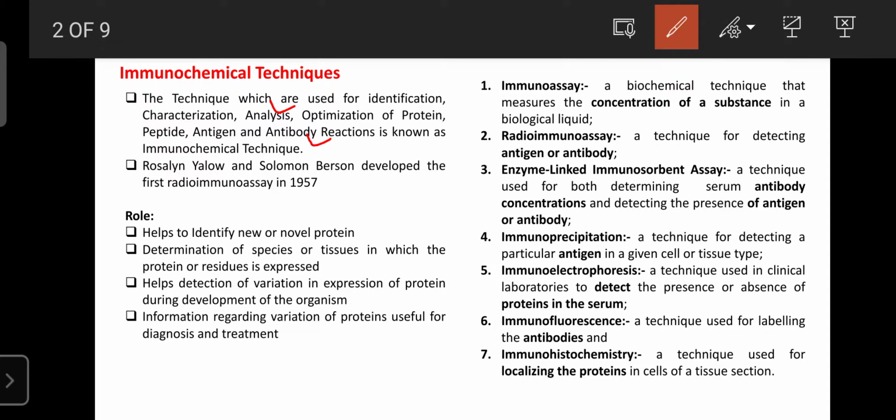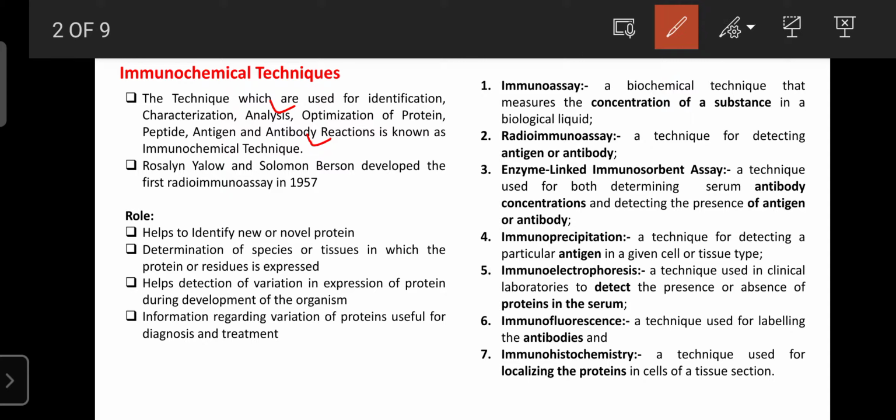By monitoring or determining the concentrations of those proteins, enzymes and hormones, they are helpful for the diagnosis of various diseases. Those components are identified, determined and estimated with the help of certain chemical techniques.